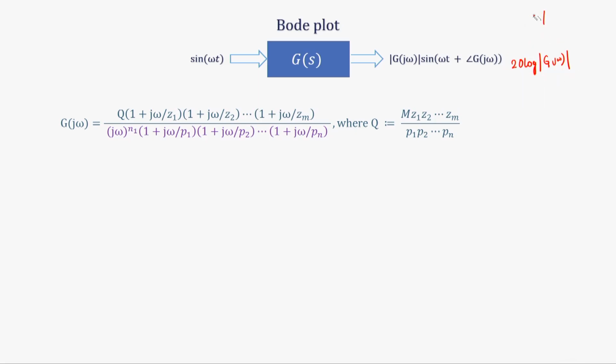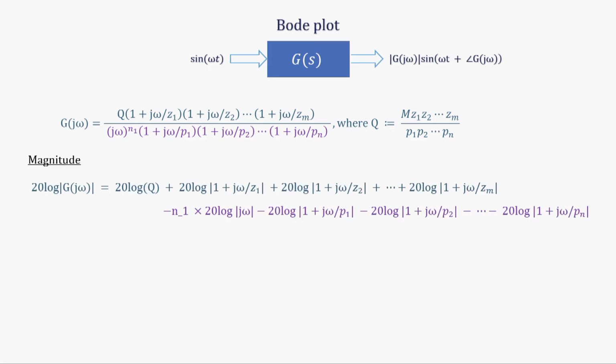Because there may be large variations in magnitude, in a logarithmic dB scale we can capture those variations. That is why we plot the magnitude in dB scale. So, let us see what is 20 log of G j omega.